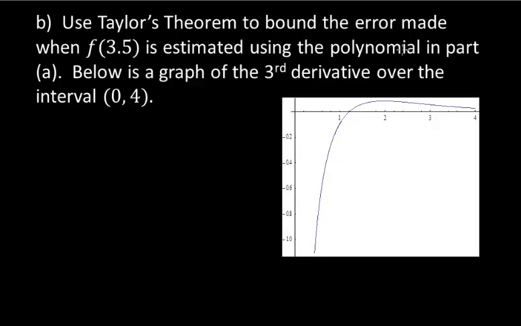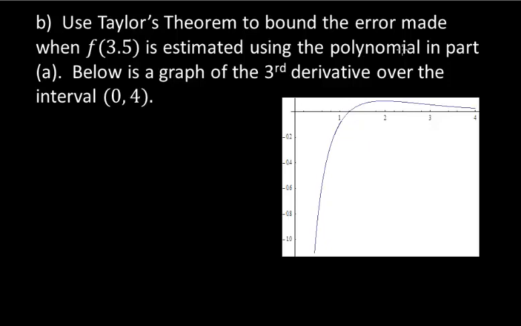This says use Taylor's theorem to bound the error made when f of 3.5 is estimated using the polynomial that we found in part A, P2 of x. Okay, so I gave you, and I would on the exam, give you a graph of the third derivative.